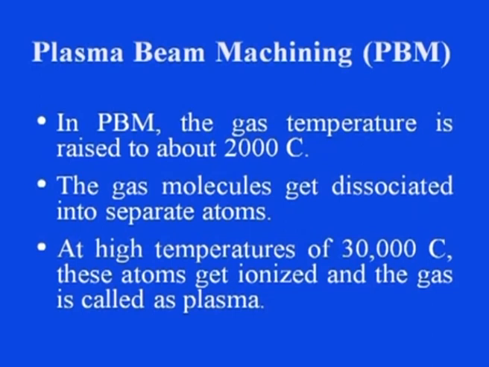At high temperatures of 30,000 degrees Celsius, these atoms get ionized and the gas is called plasma. In the 1950s, plasma was adopted as an alternative to oxy-gas flame cutting of stainless steel, aluminum and other non-ferrous metals. Recently, it is being used for both ferrous as well as non-ferrous metals.